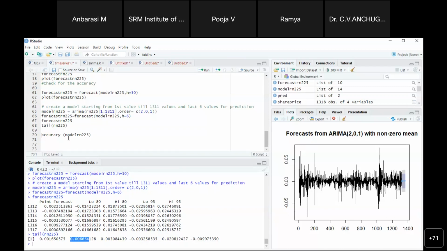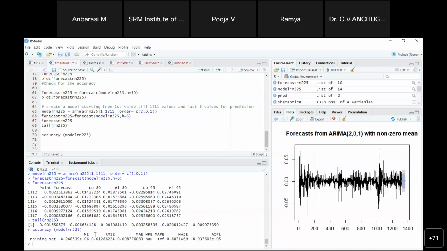Next, we have to calculate the accuracy. In this way, we can calculate the accuracy. Usually we will try to go for the MAPE. This error you will always get as infinity, because the actual values include 0, and something divided by 0 gives infinity.